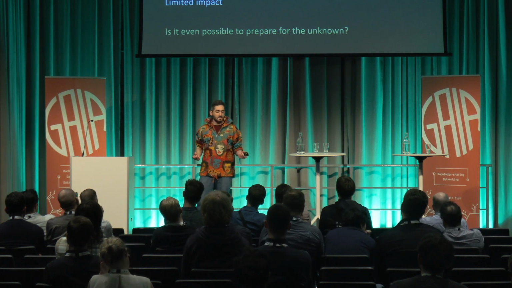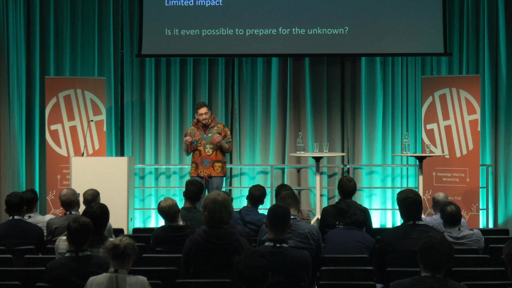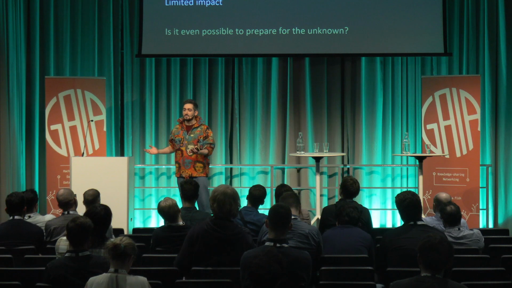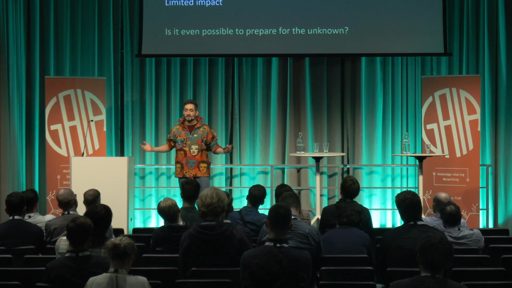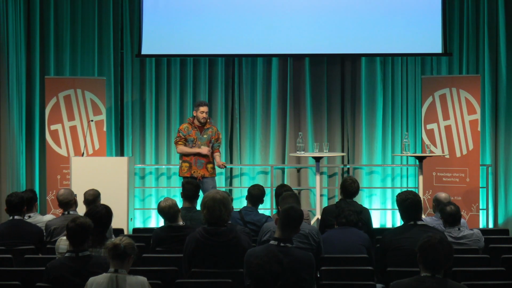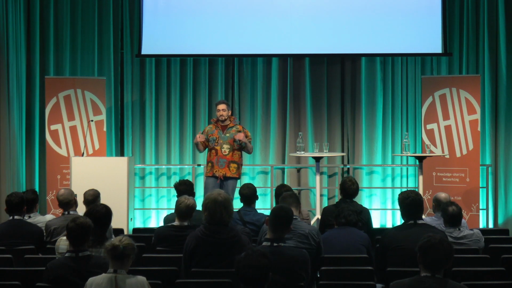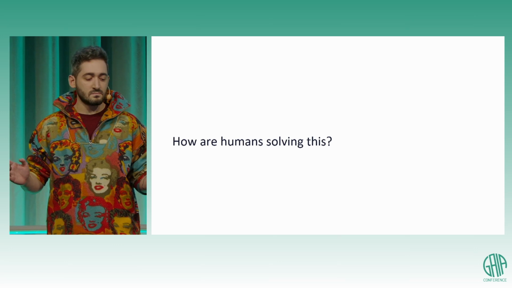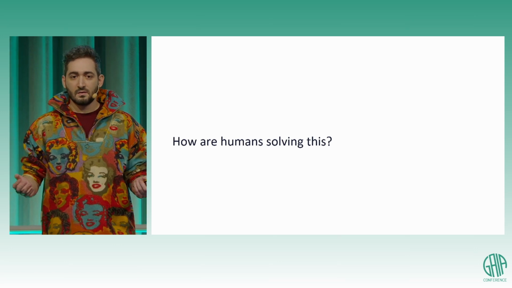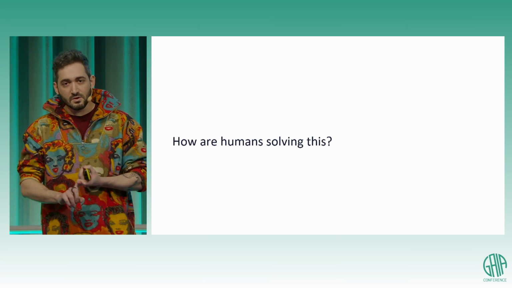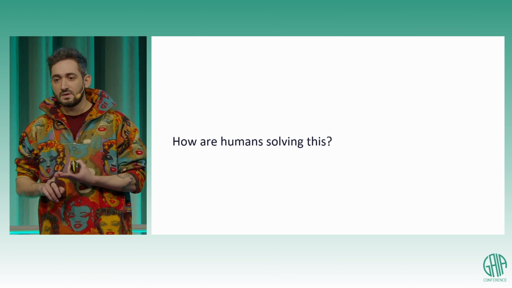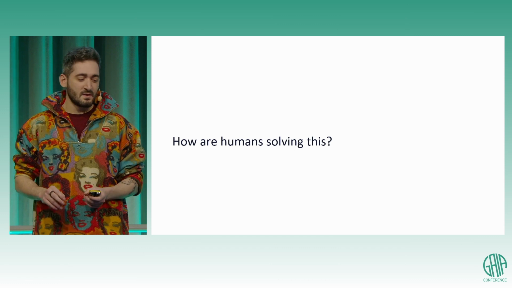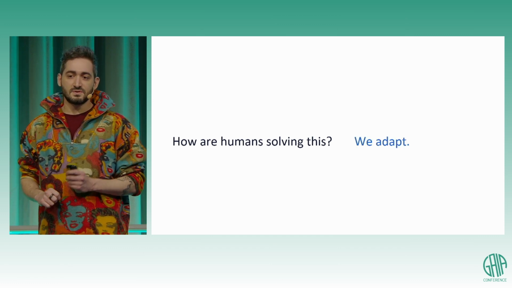And then there's another issue: is it even possible to prepare for the unknown? We don't know where we're going to deploy. How can we generalize to everything? So then we can take one step back and think, how are humans solving this? Well, we don't need any limited amount of data, and we don't augment our data, but we adapt.